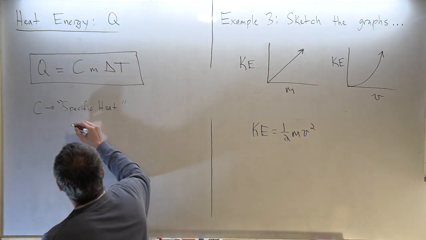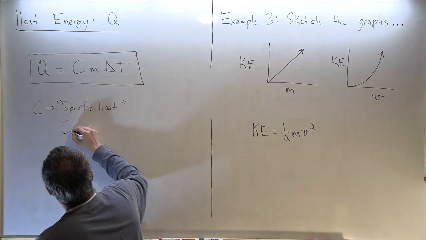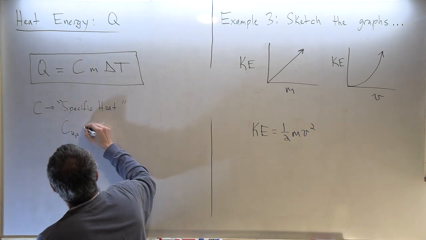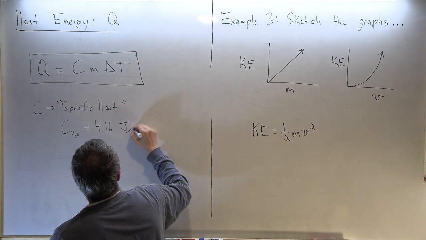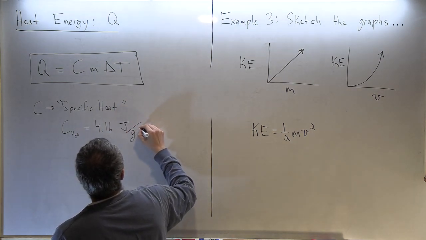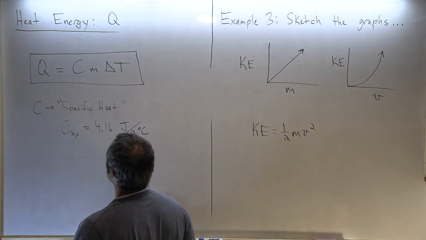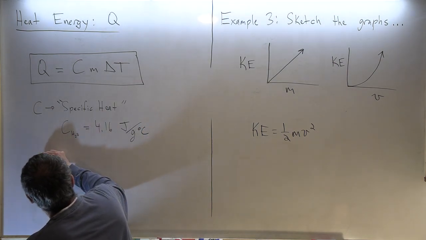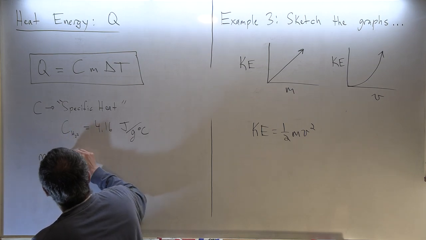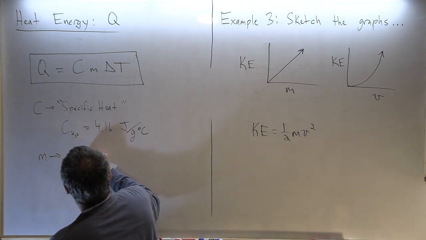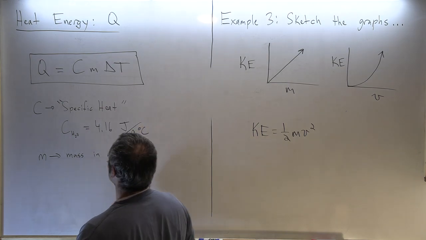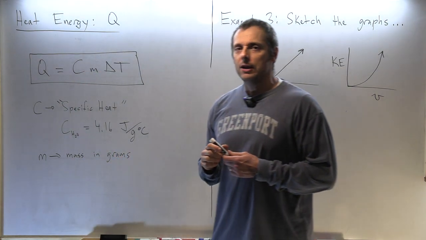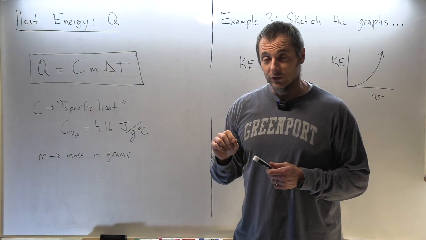So the specific heat for water is actually 4.16 joules per gram per degree Celsius. And yes, I did put mass in grams. This is the only formula all year where you're going to be using grams.